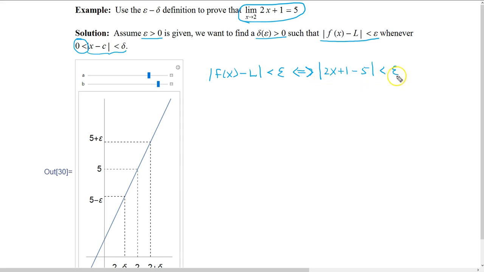And now let's manipulate this and see if we can extract, we want to end up with an x minus 2 from here somehow. And then whatever is left over on the right hand side, that's going to be our delta. So let's manipulate this a little bit. So now this is equivalent to, notice I can write this as, and now this is equivalent to, I can factor a 2 out.